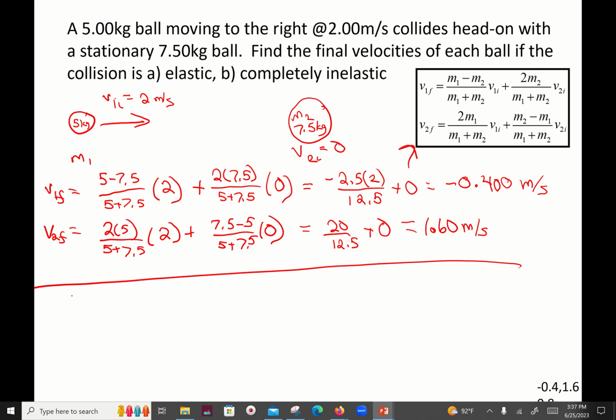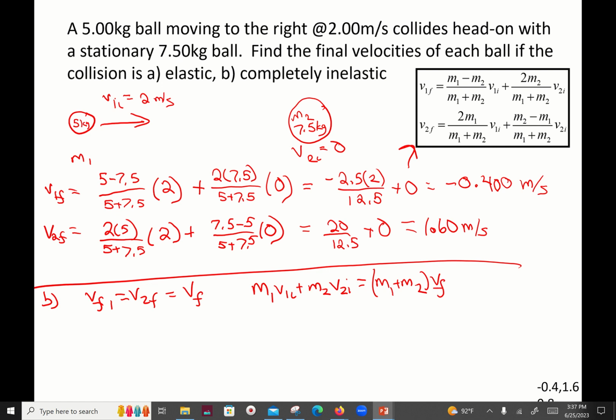Now, if it's completely inelastic, then that means that I have V final for 1 equal to V final for 2, which is just equal to V final. And I cannot use the equations in the box. The only equation I have is that momentum is conserved. So M1 V1 initial plus M2 V2 initial is equal to (M1 plus M2) times V final.